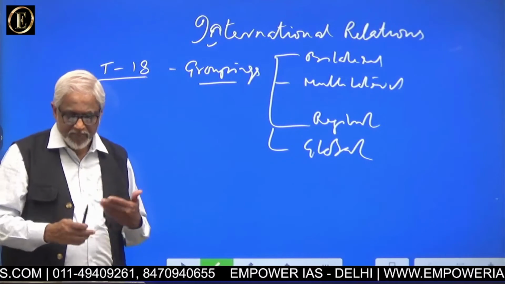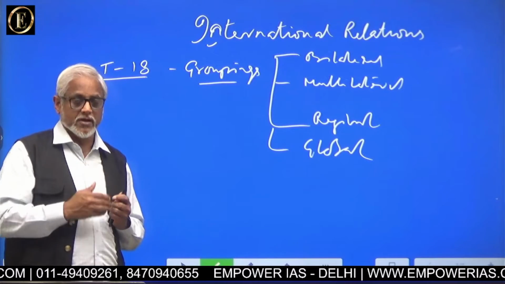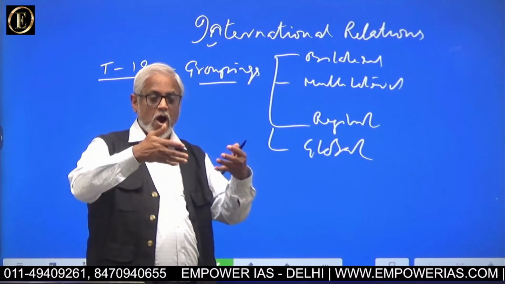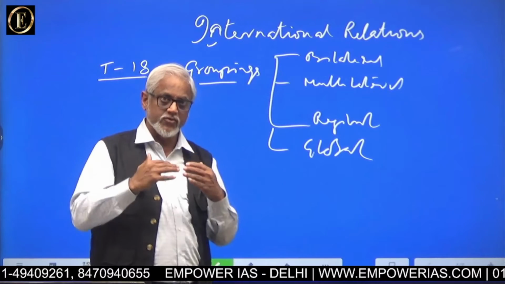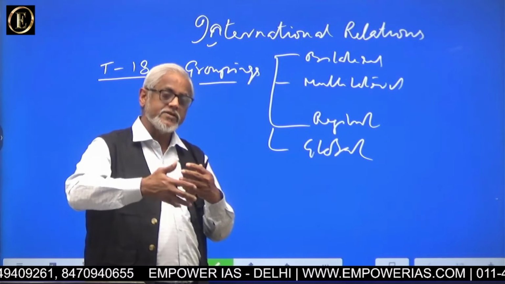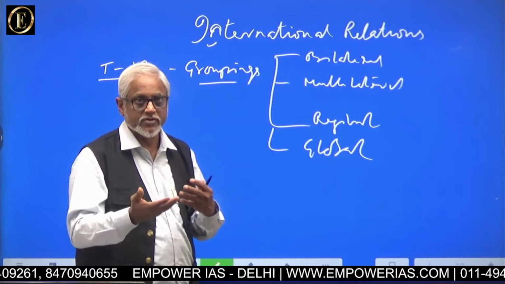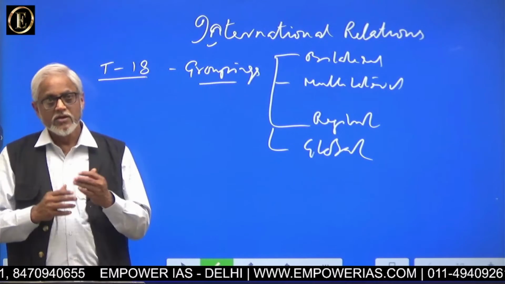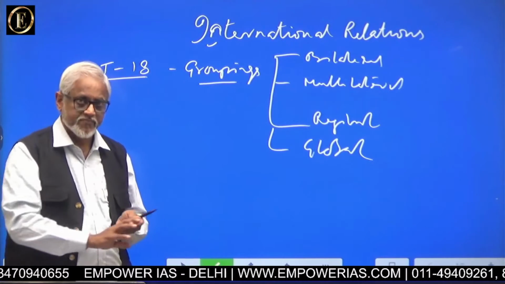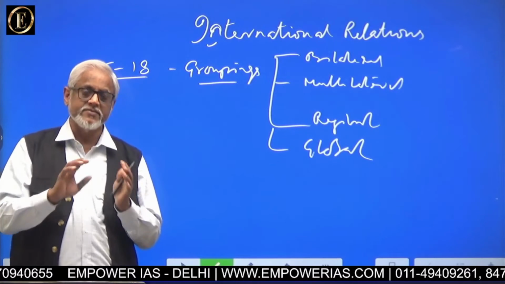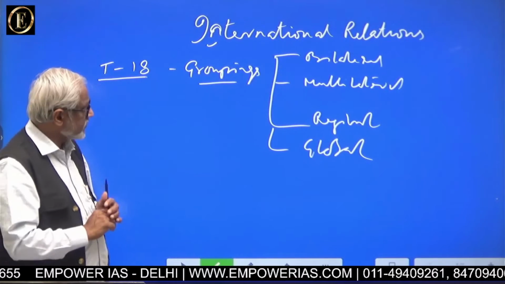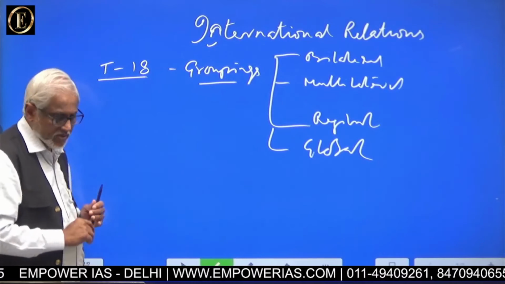Particularly, it is not about knowing these groupings, but how they are becoming beneficial, or how they are impacting, as it may not always be beneficial. It can have a negative impact also on India's foreign policy. So how it is impacting India's foreign policy is the area where you will have to focus. So this is the second part of your preparation.